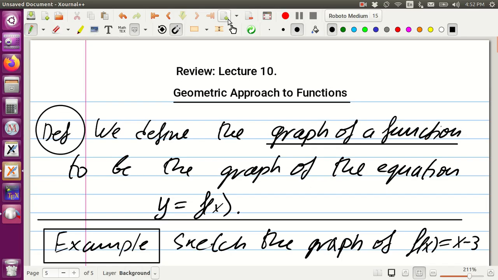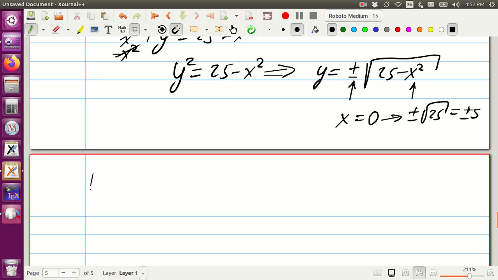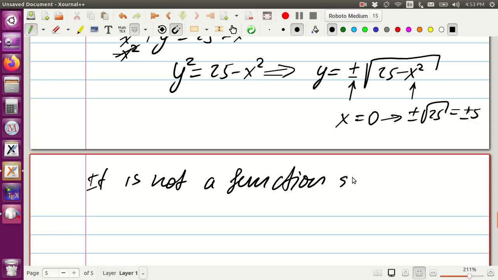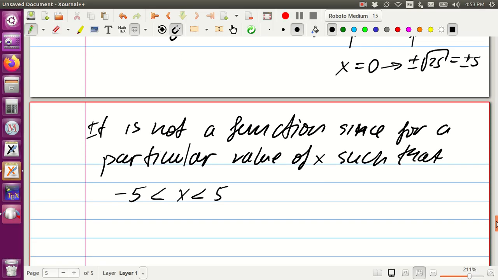So let's write our conclusion. Our conclusion tells us that it is not a function, since for a particular value of x such that minus 5 is less than x is less than 5, because if you plug in negative 5, you're going to get 0 for y, and if you plug in 5, you're going to get 0 for y, so it will be fine, but anything else between minus 5 and 5 will not work.